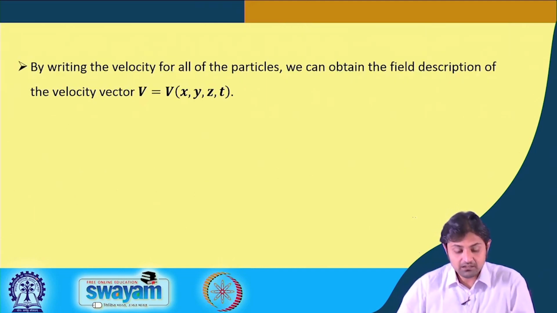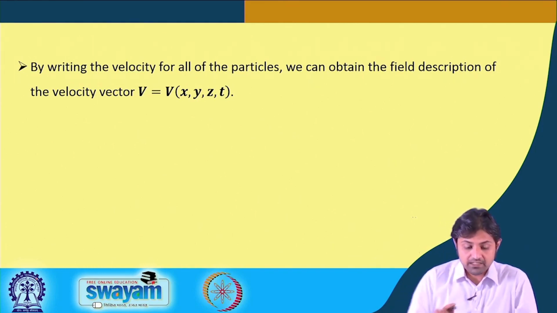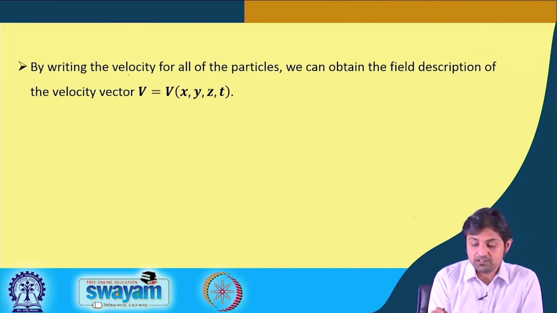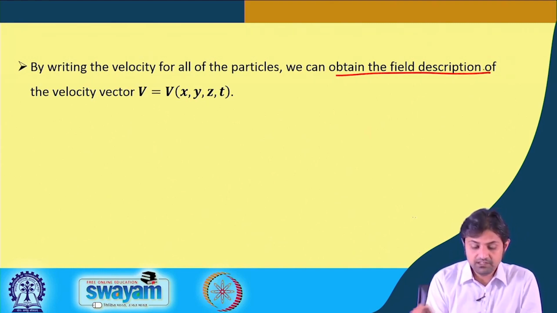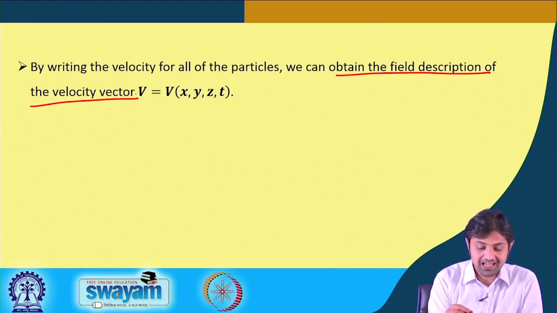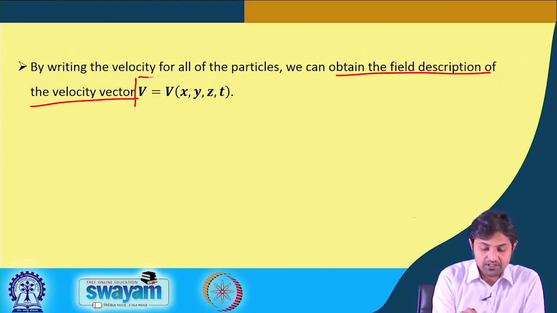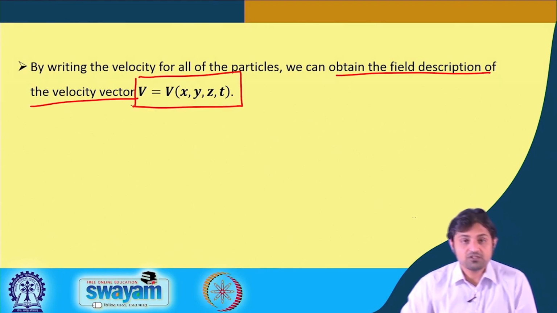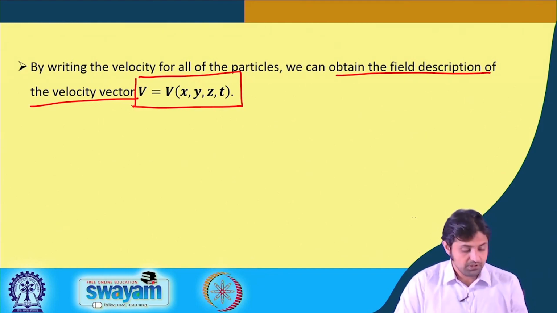So, by writing the velocity of all the particles in the system, we can obtain the field description of the velocity vector V as V is a function of x, y, z and t, using the equation described in the previous slide.